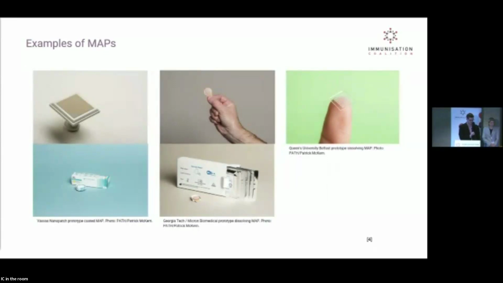In the middle here we have Micron, so a similar thing. We've got the dissolving patch at the top, and below you can see the applicator. On the right there's a prototype from Queen's University, Belfast, which is another type of dissolving MAP.